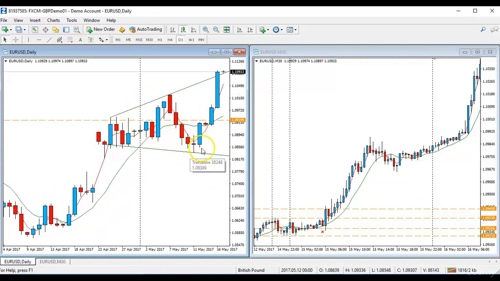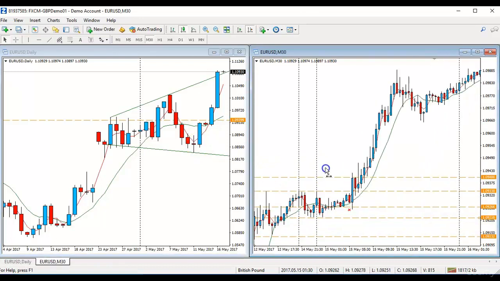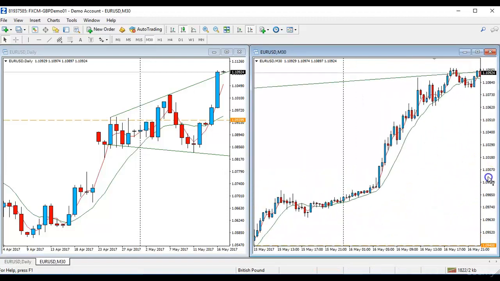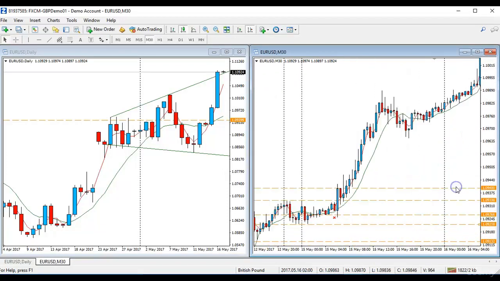You find where price is going to start moving with momentum, and then you go down to the lower time frames and find ways of entering the market with a low risk entry, and you go for a high reward. So all my trading systems are based off that principle: to find these low risk, high reward entries into the daily or 4-hourly or monthly momentum, so that you will make a profit overall on your trades.